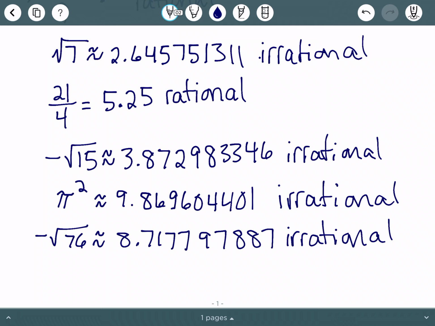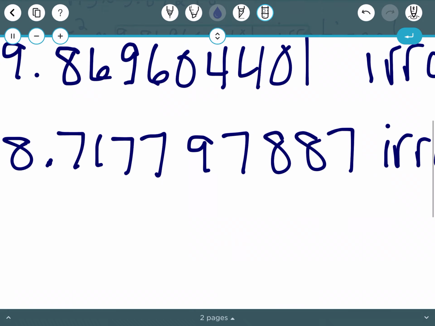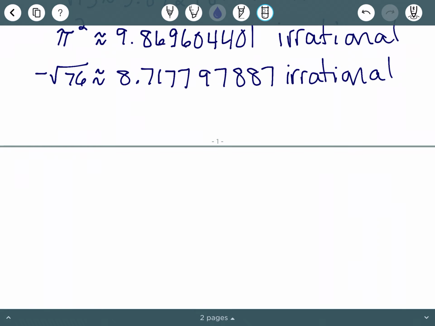Okay, the next one we have is 730/99. If we put that into our calculator, we can do 730 divided by 99, because remember that fraction bar means the same as divide.